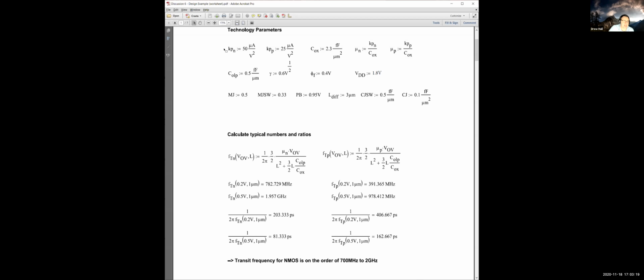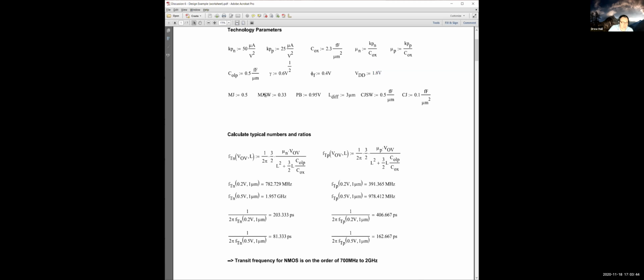All right, so what I've done here is I've put in some technology parameters, things like KN, KP, oxide capacitance, mobility, overlap capacitance, gamma, phi, VDD, things that we've characterized over the course of the 5 homeworks. We have almost all of these parameters, okay?